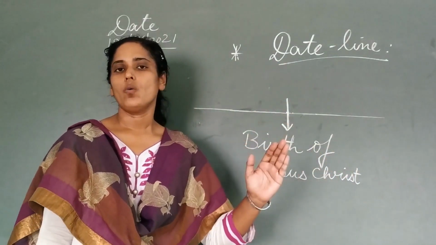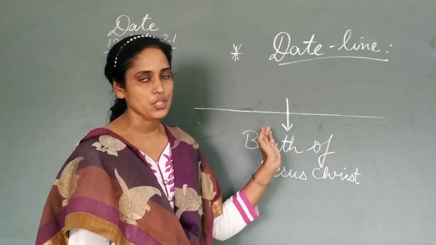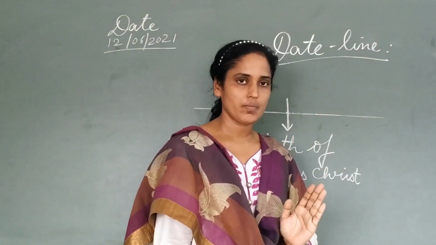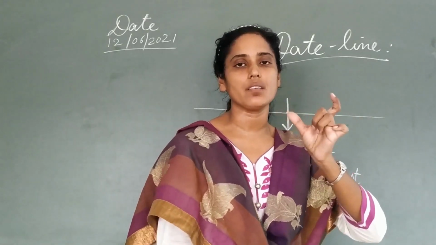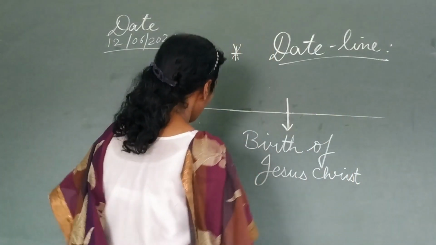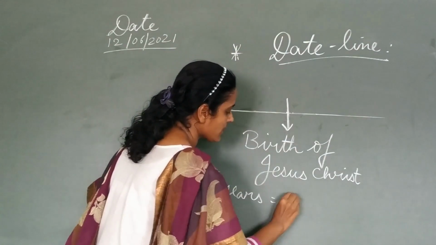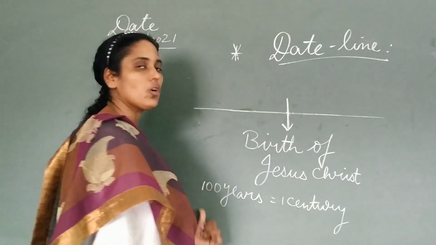Okay. Now, every number here, numericals which are mentioned here, are to be shown in centuries because it's history. Century means a gap of 100 years. So write over here, 1 century is equal to 100 years.